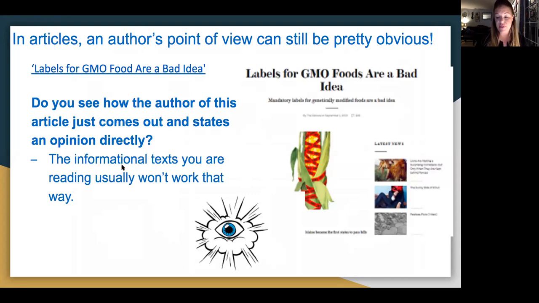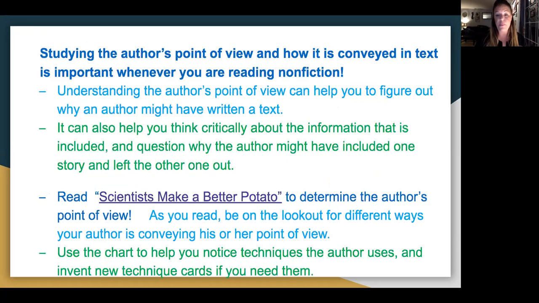However, most nonfiction texts do not have an author's point of view that just comes out and states it. So students would be responsible for using their technique and looking in depth at a close analysis to understand what the author's point of view is in the next article called Scientists Make a Better Potato.